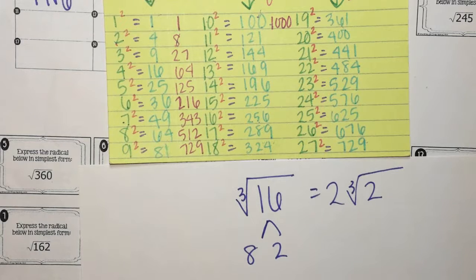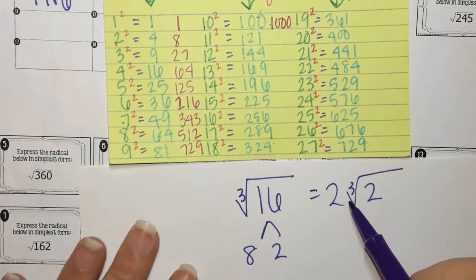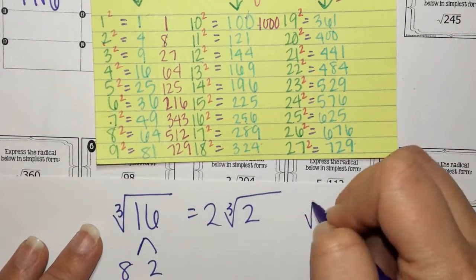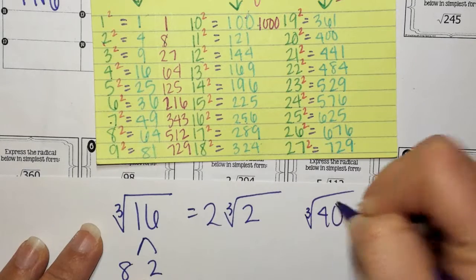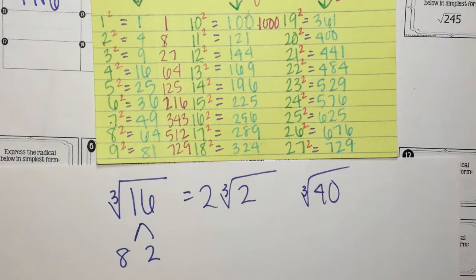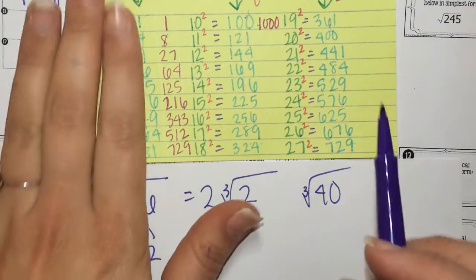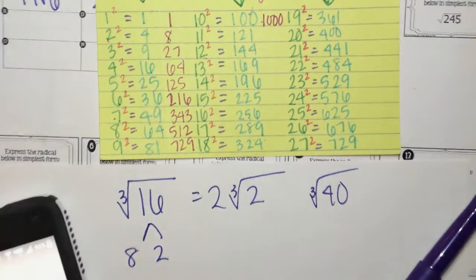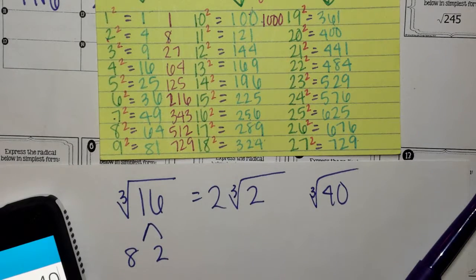For what we're doing next, yes, the 3 is always there. So in the first ones, we did the square root, right? Our index was 2, so we just used perfect squares. Now we're doing the cubed root, so we need our perfect cubes. Alright, so our next one is the cubed root of 40. So again, that's our third column. What's the biggest perfect cube that goes into 40? Okay, so let's do 40 divided by 27 and see if we get a whole number.